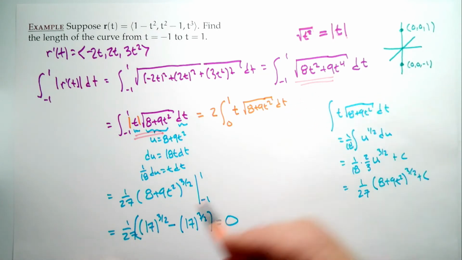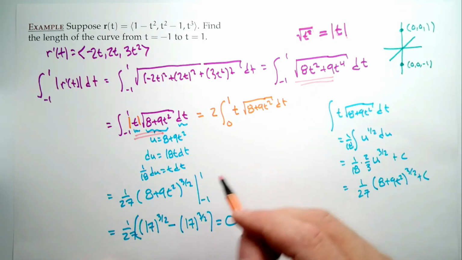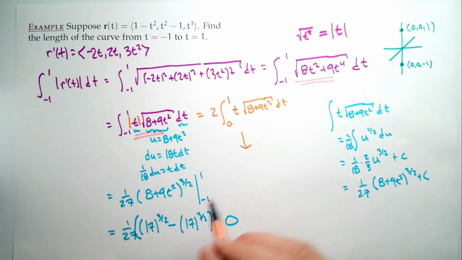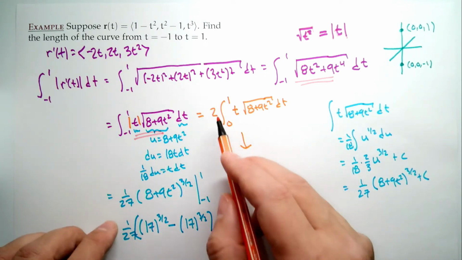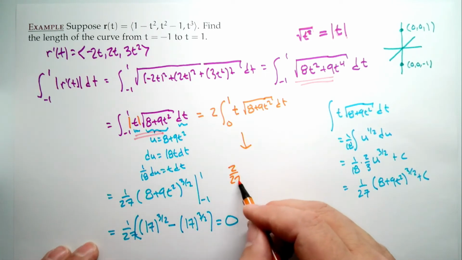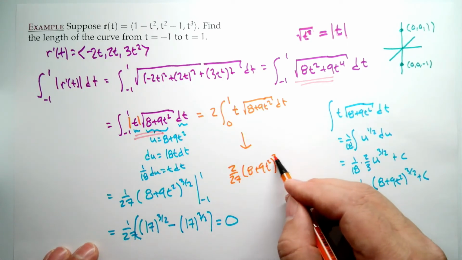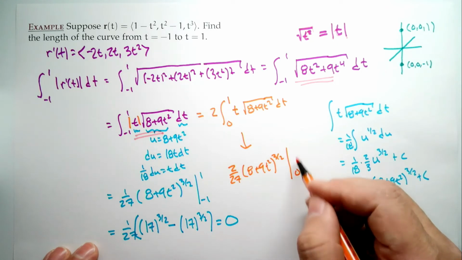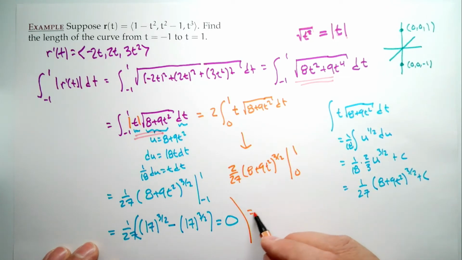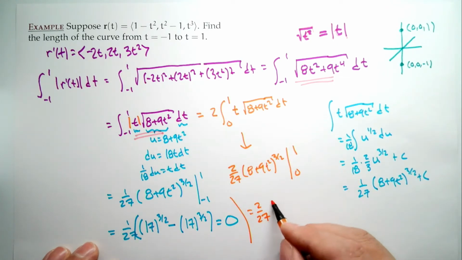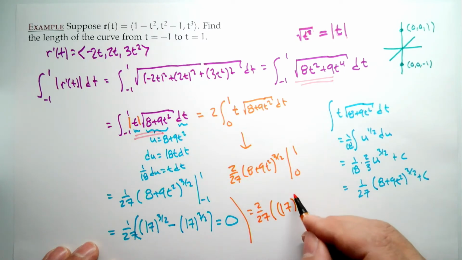So, what changes? Well, if we come down here, we can say, all right, it's the same thing, but we're going to get now a 2 over 27, 8 plus 9t squared to the 3/2, but we're going to evaluate from 0 to 1, which says that we'll end up with 2 over 27. We'll still get 8 plus 9, which is 17 to the 3/2.